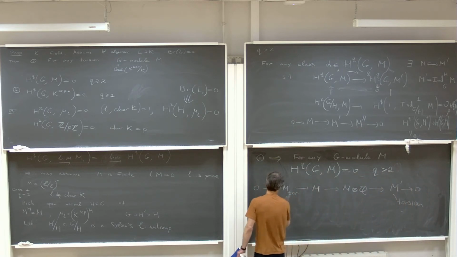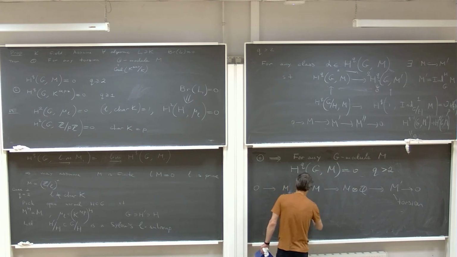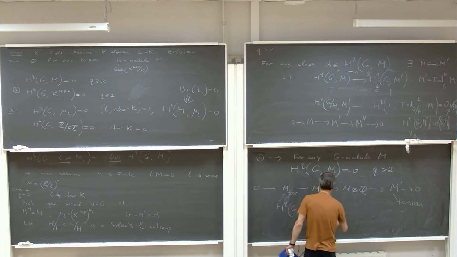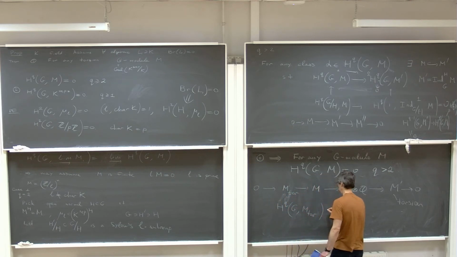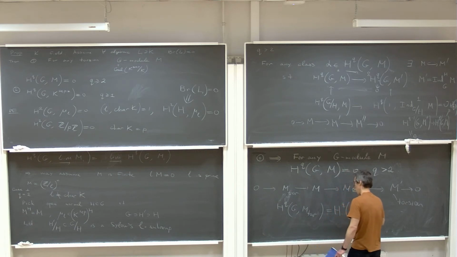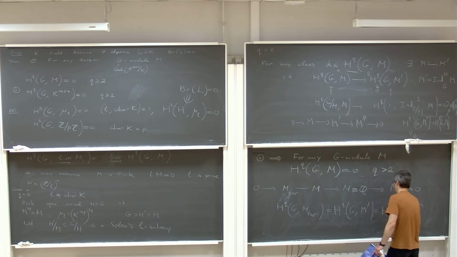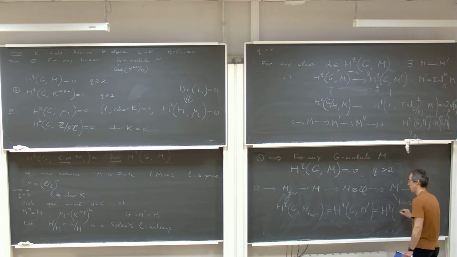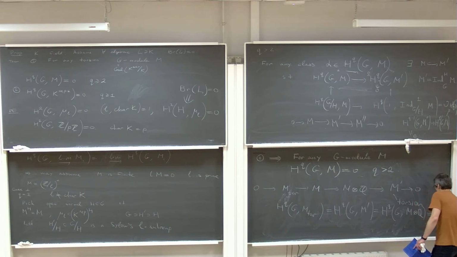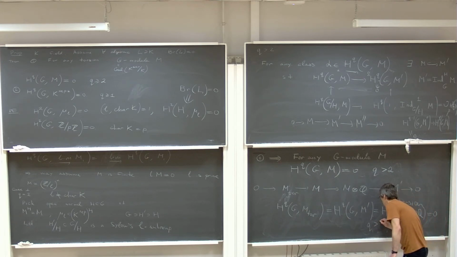So H^q of G with coefficients in M torsion equals H^q of G with coefficients in M prime, and it's also equal to H^q of G with coefficients in M tensor Q. These are all 0 when q is greater than 1.